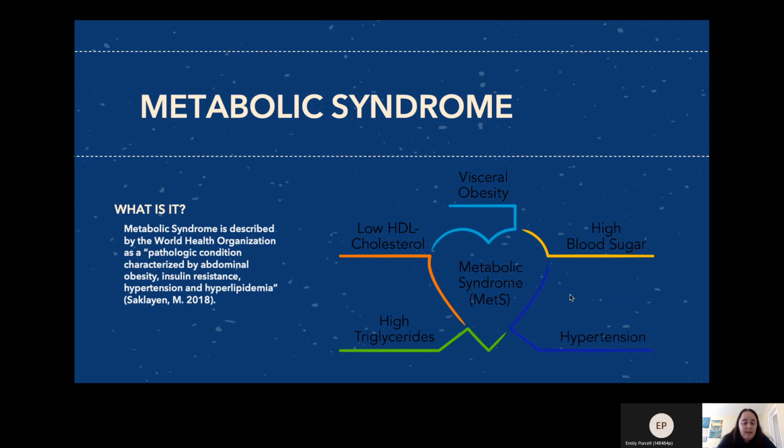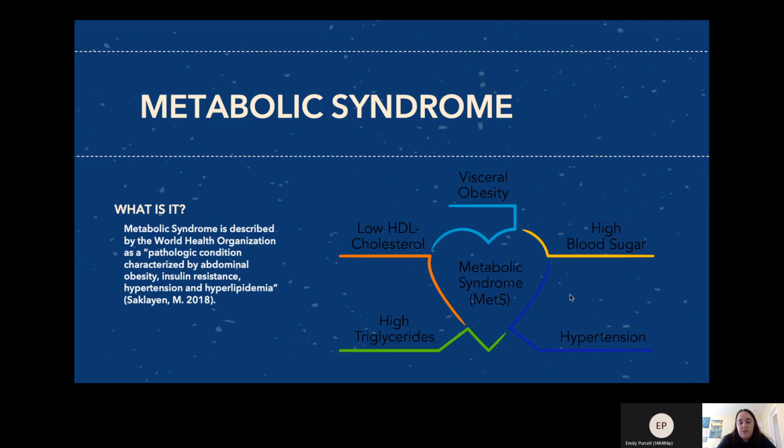Abdominal obesity, I had already mentioned, is visceral obesity, having your waist circumference over 40 in men and over 35 in women. Insulin resistance is where your cells aren't listening to the insulin and not letting glucose in. Hypertension is high blood pressure. And hyperlipidemia is when your blood contains too many lipids, such as cholesterol and triglycerides.